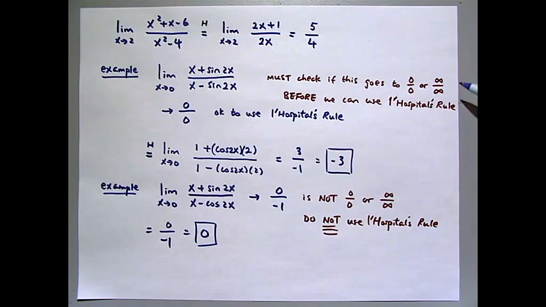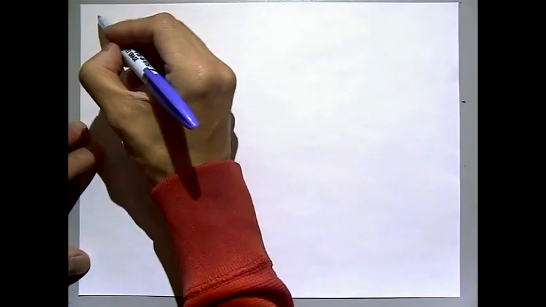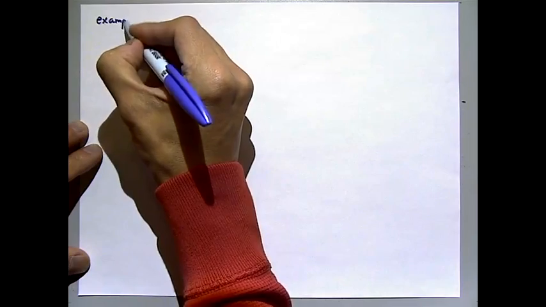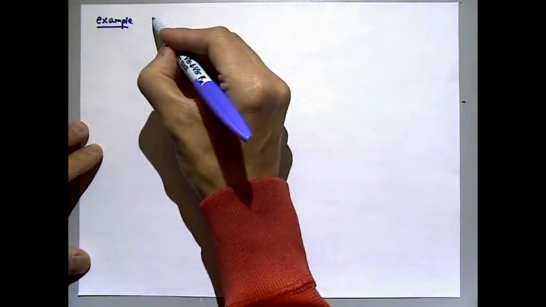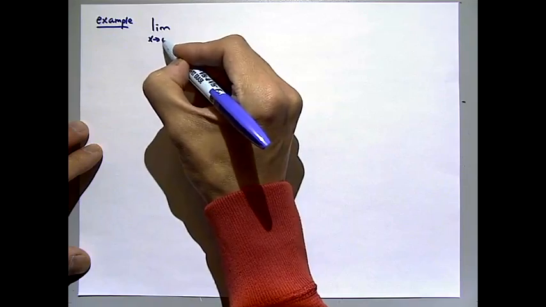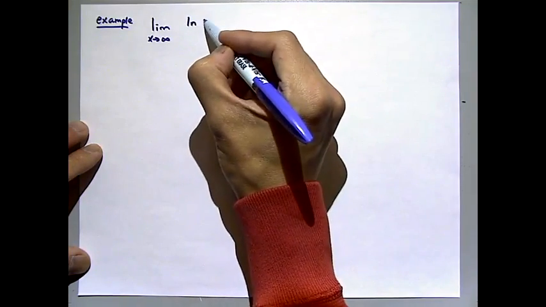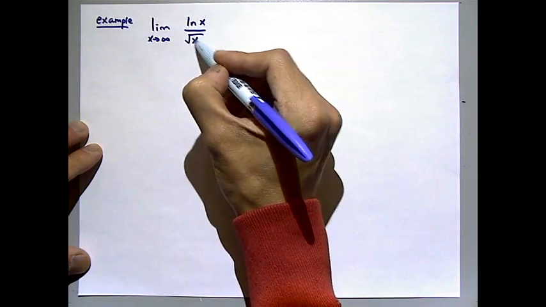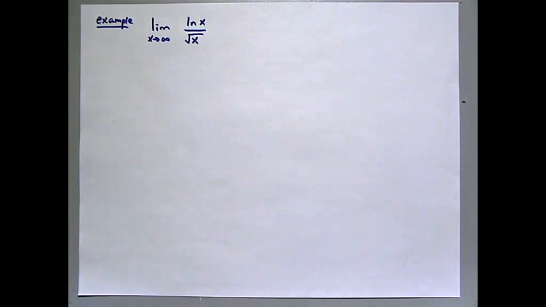All right, let's look at a couple of cases of infinity over infinity. Here we're looking for the limit of natural log of x over the square root of x as x approaches infinity.